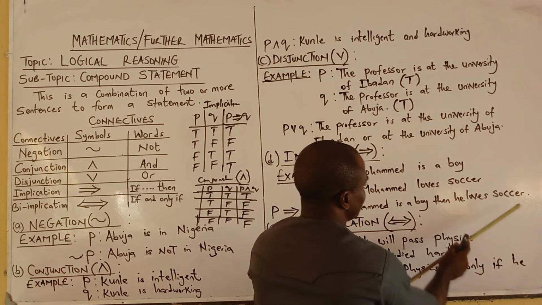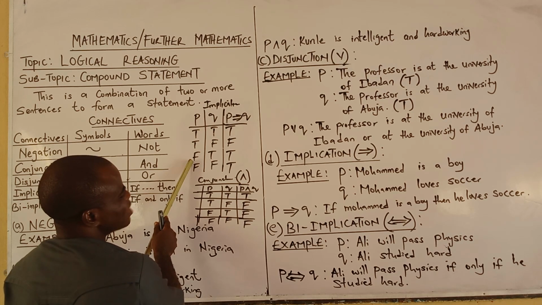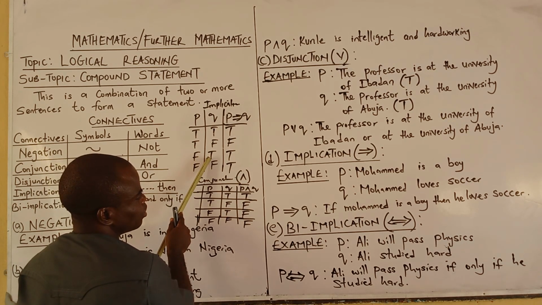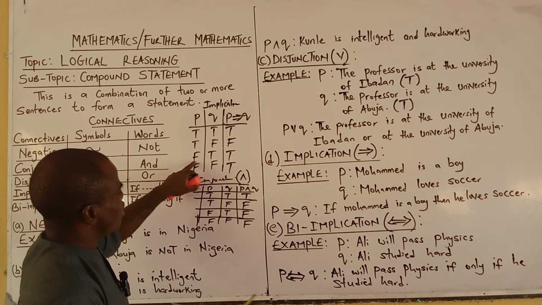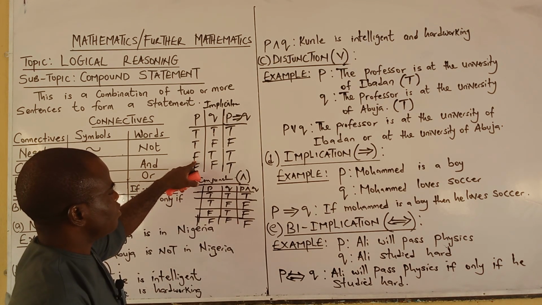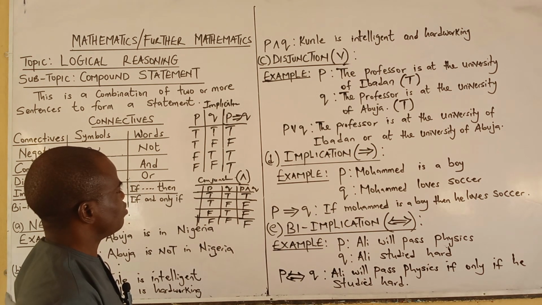If Muhammad is a boy, then he loves soccer. But when you write it like this, Muhammad is not a boy, he loves soccer. The statement, you can see it. Muhammad is not a boy, he loves soccer. The statement is true.